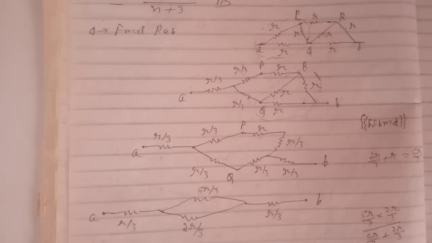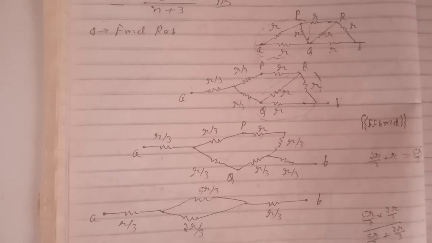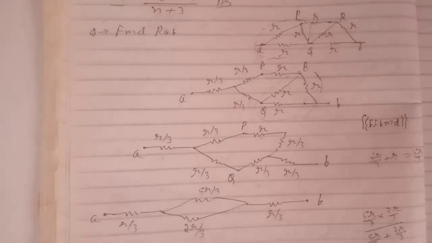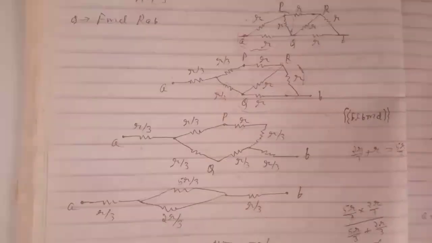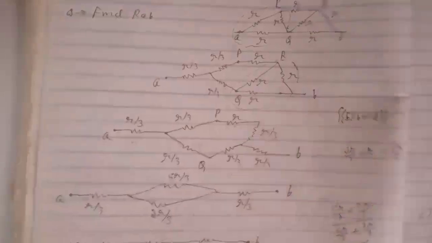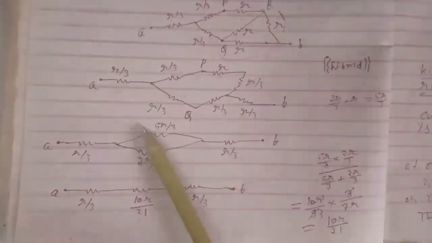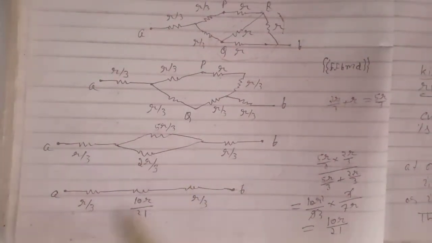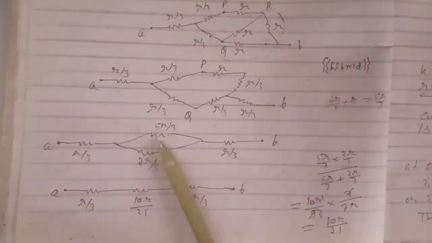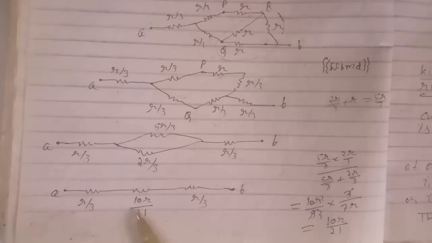Now these three are in series, so we can get the R equivalent of these. Here we see that these are in parallel, so we have got its equivalent resistance value, which is given by 10R by 21.